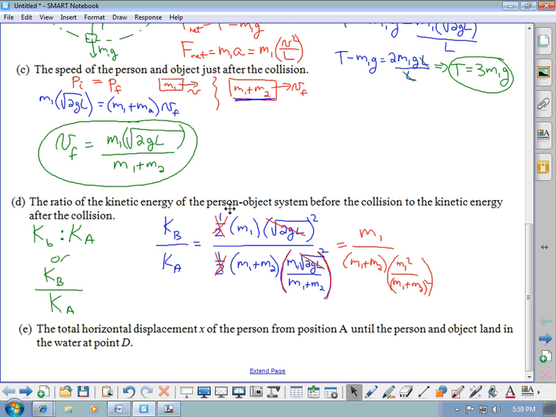And doing a little more simplifying, this m1 cancels out one of these m1s. This m1 plus m2 cancels out one of these m1 plus m2s.